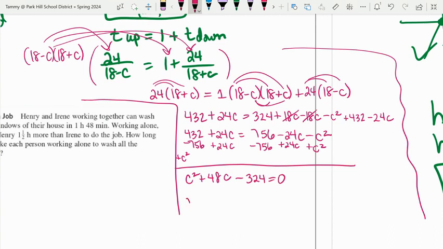Let's just use the quadratic formula. So c equals negative 48 plus or minus the square root of 48 squared minus 4ac, so negative 324, all over 2a.